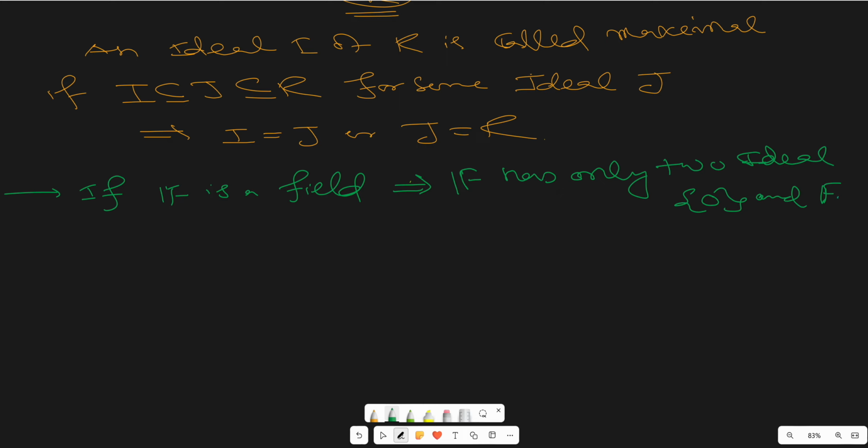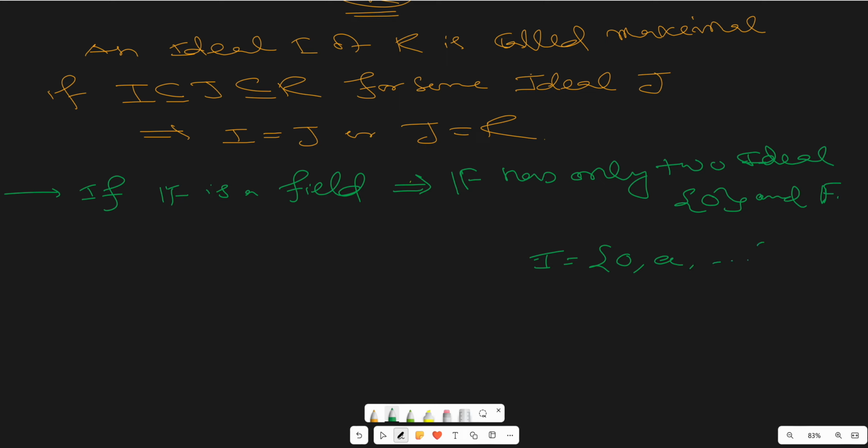Are you getting my point? If F is a field, then F has only two ideals, 0 and F. Why? Because if F is a field, then every non-zero element is a unit. If I is an ideal, it contains 0 and any non-zero element A, and A is a unit, so I contains a unit.